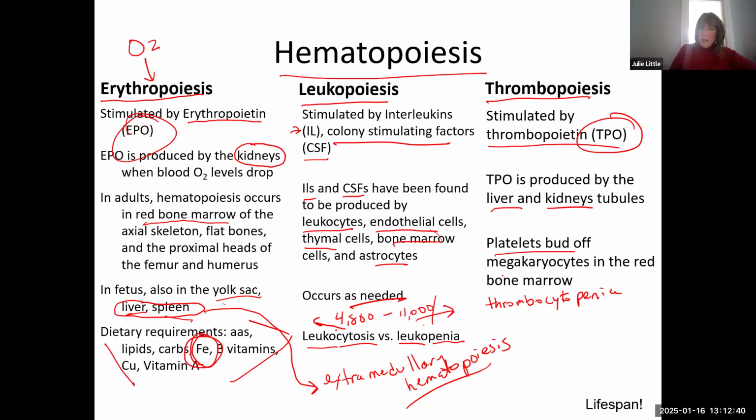So the platelets bud off the megakaryocytes, like I said, that are in the red bone marrow, and the platelets go right into the blood. And that's about it for this. We've already gone over the lifespan. The lifespan of erythrocytes is up to 4 months on average. Leukocytes live hours to years, depending on what type of leukocyte it is.